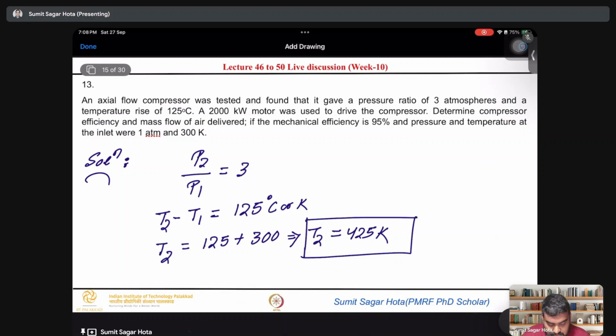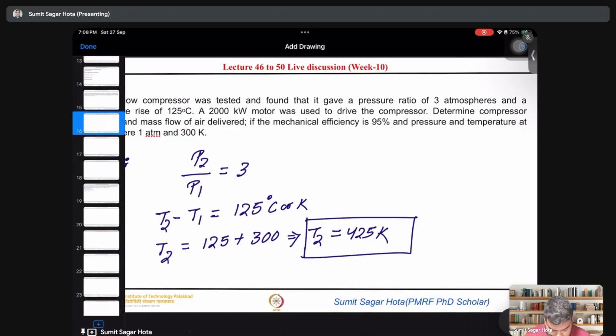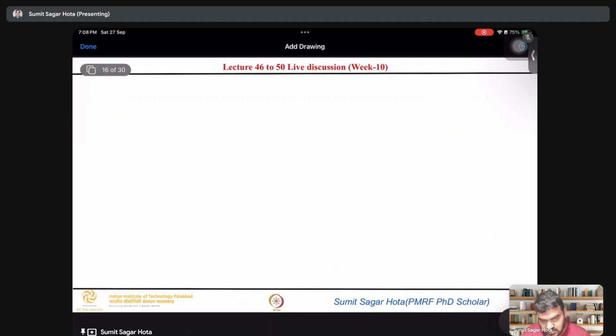So let's draw the TS diagram for process 1 to 2.